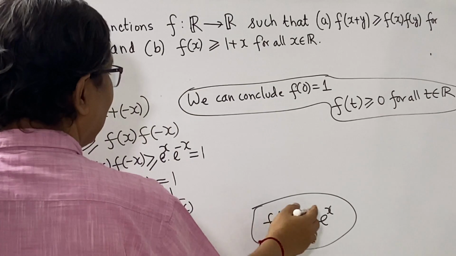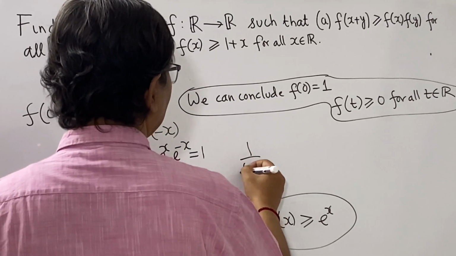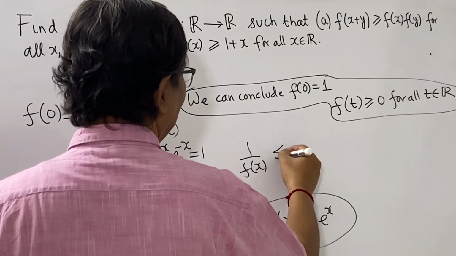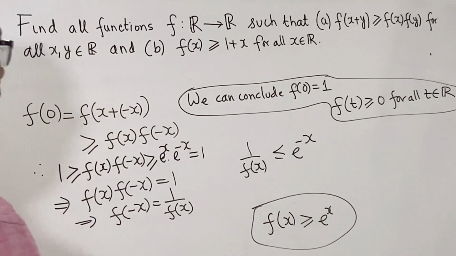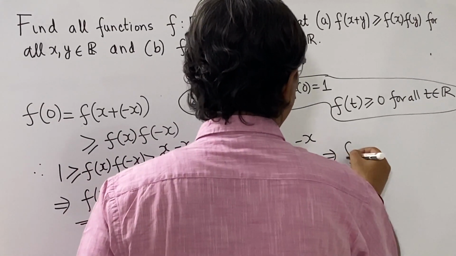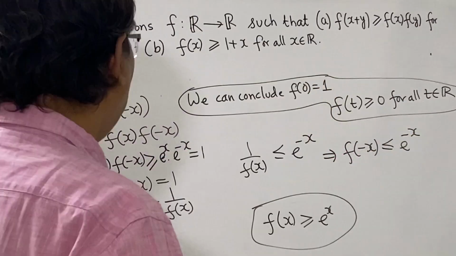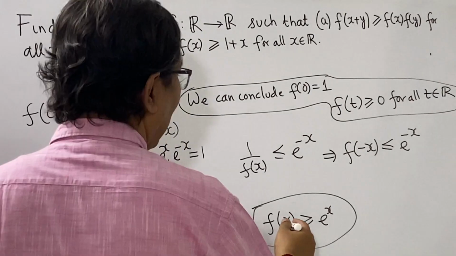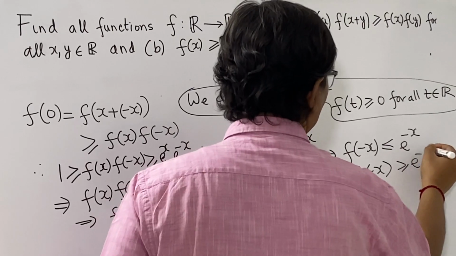Now since f(x) is greater than or equal to e power x, 1 by f(x) is less than or equal to 1 by e power x, which is e power minus x. And this tells us f of minus x is less than or equal to e power minus x. But we know that f of minus x is greater than or equal to e power minus x.